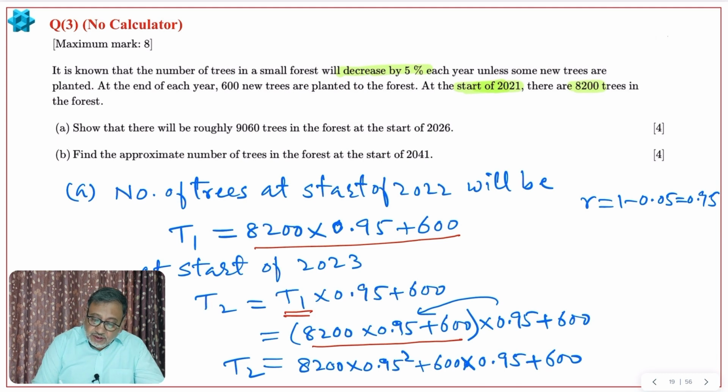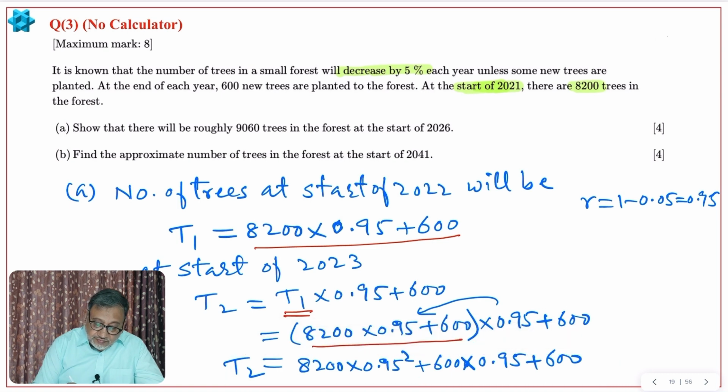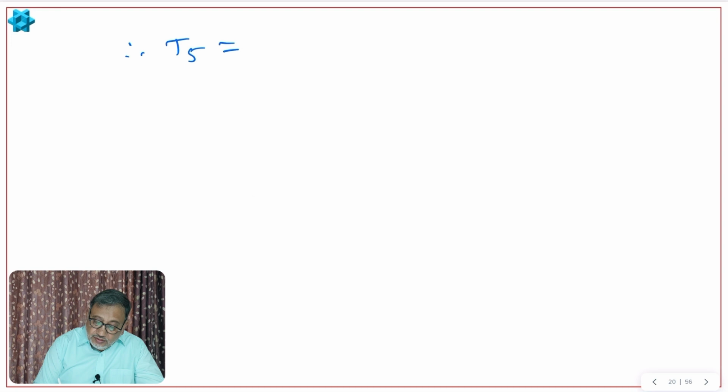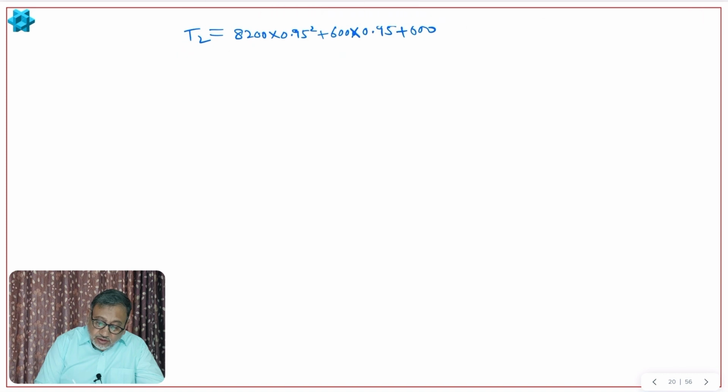Now look here, T2 I will copy there, and from that I will write what T5 will be. I want to correlate. If it is T2, here is power 2, here is power 1, and here no power of 0.95. So T5 will have 8200 into 0.95 to the power 5, right?